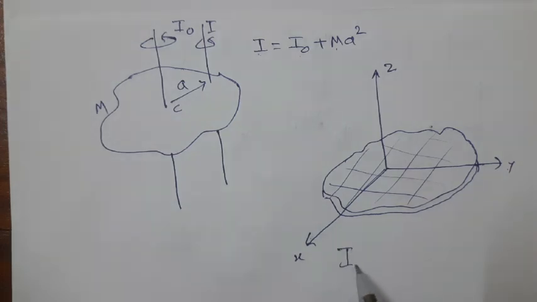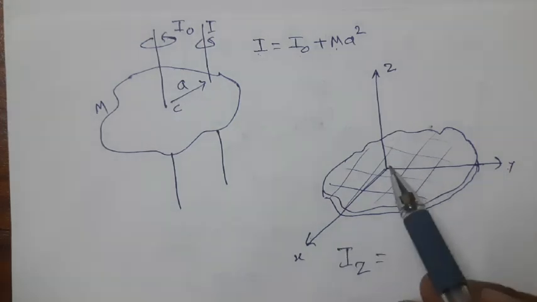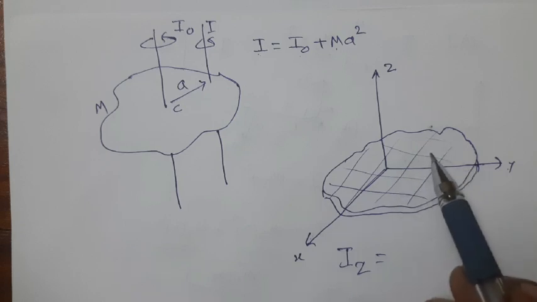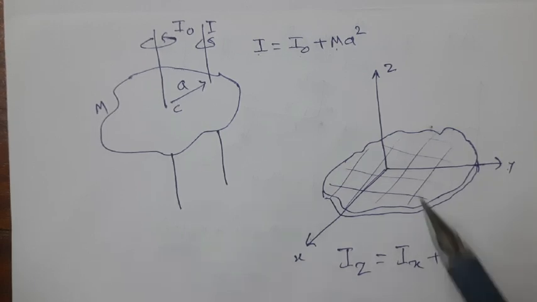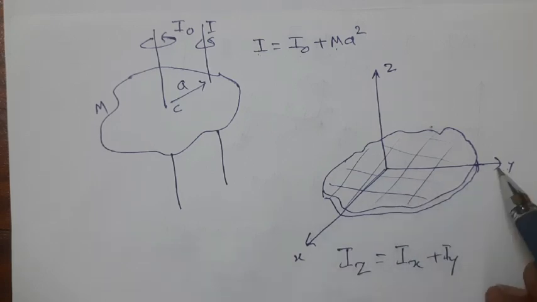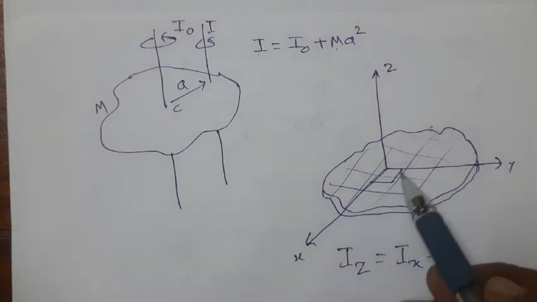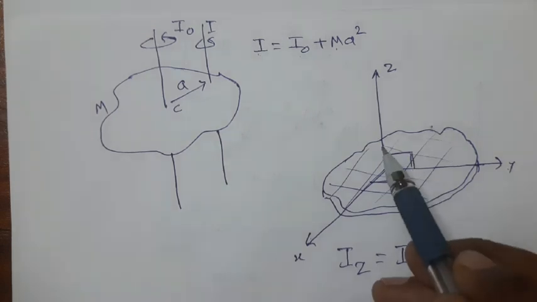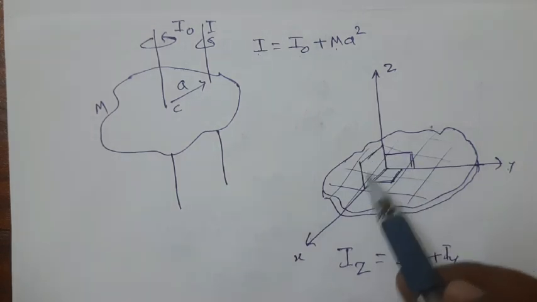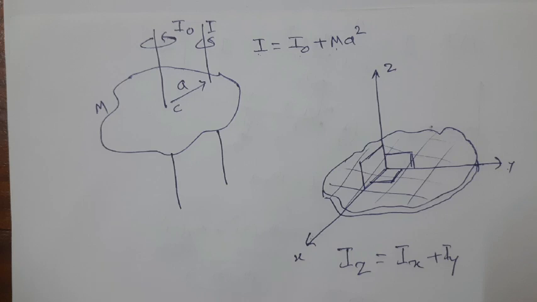Then the moment of inertia about the z axis, which is perpendicular to the plane of that body, is equal to the moment of inertia about the x axis plus the moment of inertia about the y axis, where x and y axes are in the plane of that body and mutually perpendicular to each other. Correct? The z axis is perpendicular to x as well as perpendicular to y.